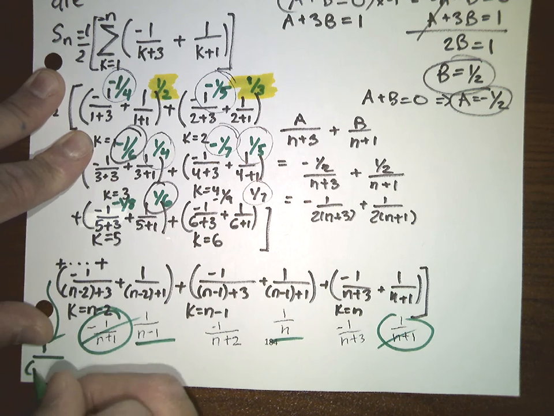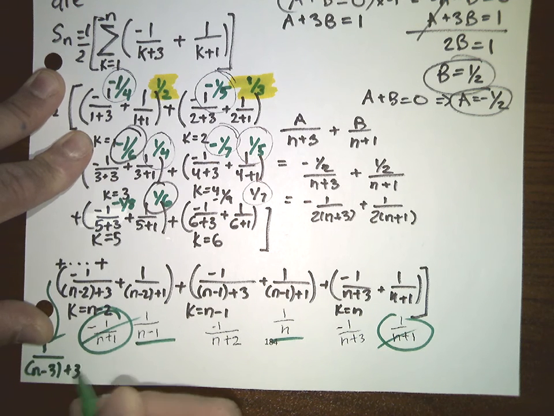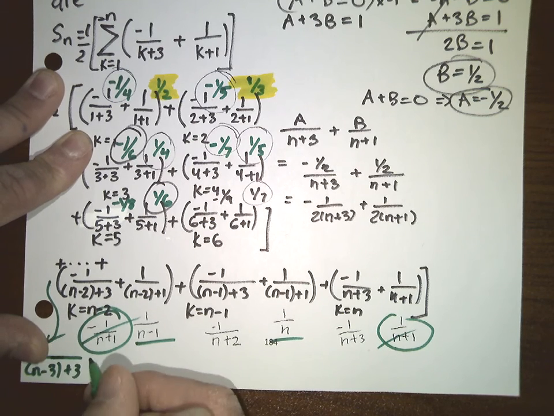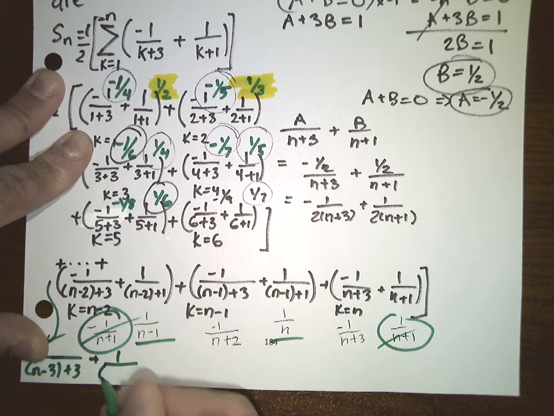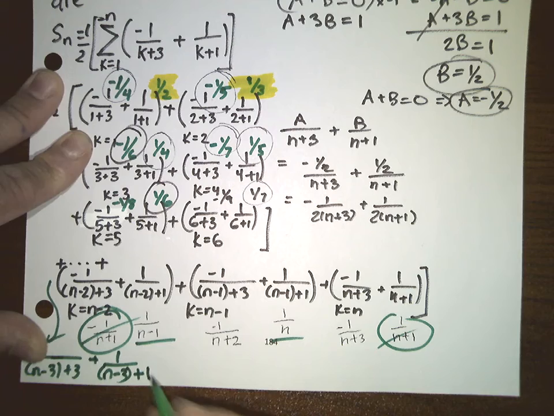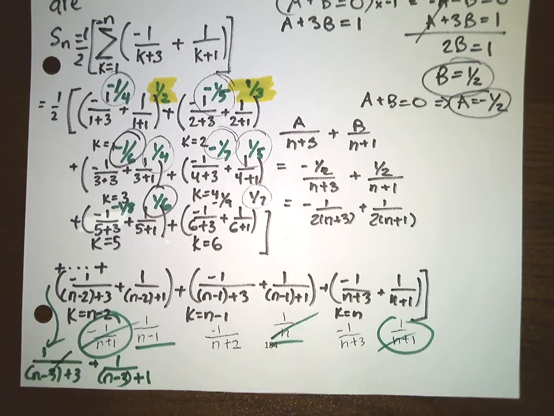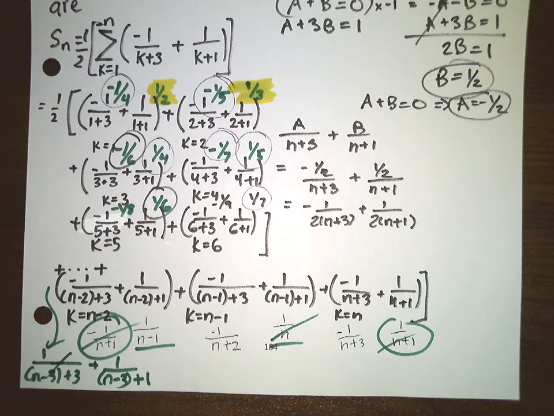So 1 over n minus 3 plus 3, that would actually get rid of the 1 over n term, and then you have plus 1 over n minus 3 plus 1. All right, so eventually that one will get canceled out, and then the 1 over n plus 2 will eventually get canceled out as well.